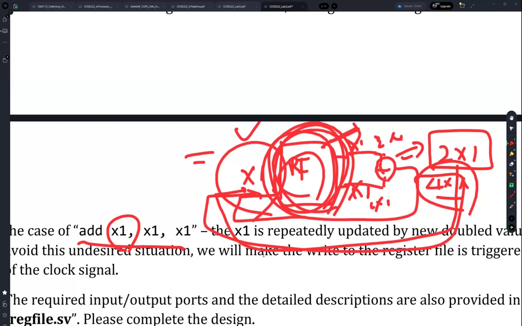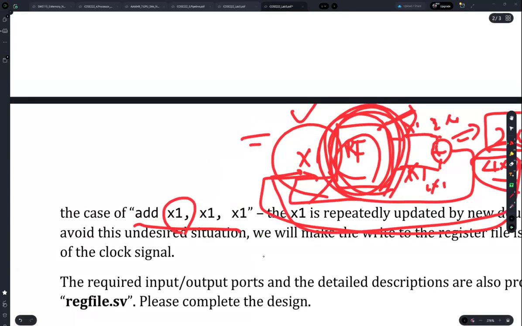We need to avoid this case. If a combinational loop is generated in the hardware design, the hardware will work unstably, so we cannot guarantee the exact output of this hardware.